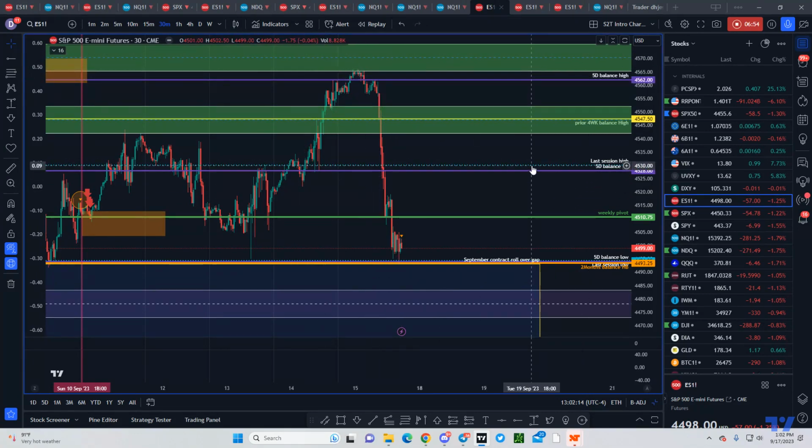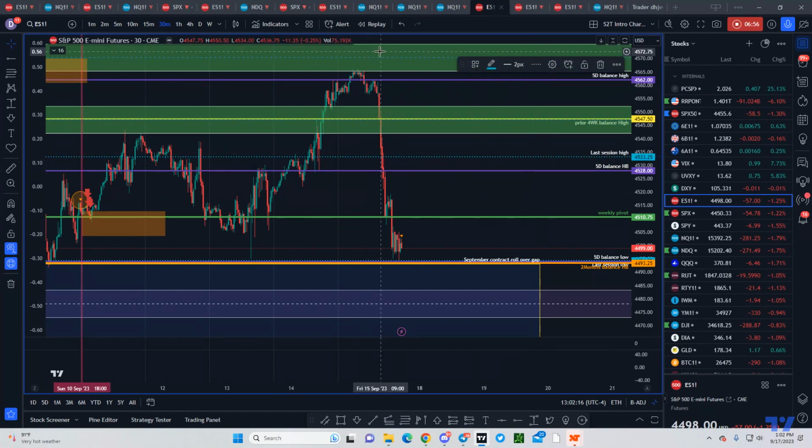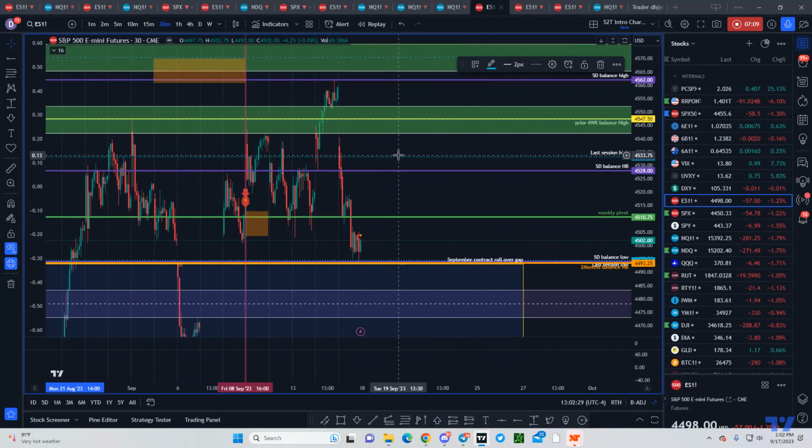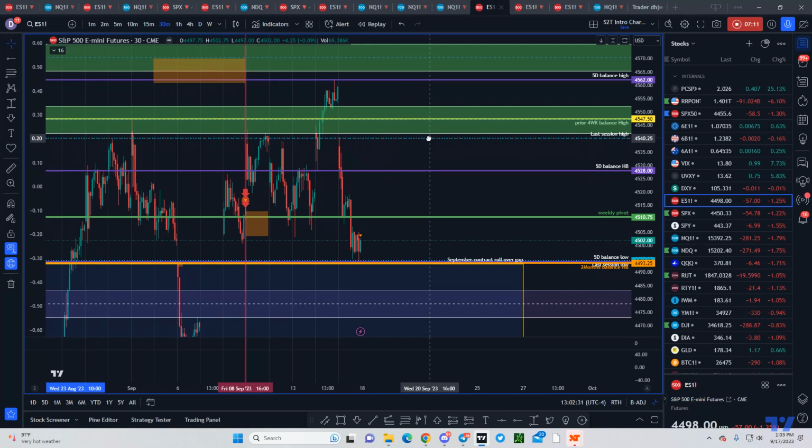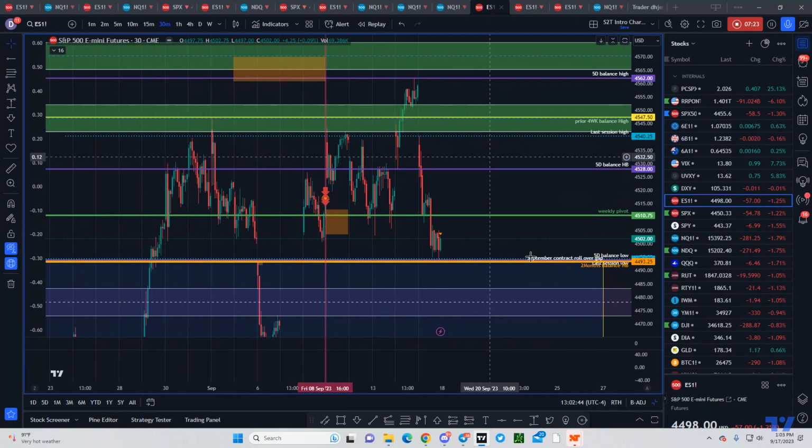This is RTH, which is 9:30 right here. Or you can just do this, and last session high would be this here. See the candle at 9:30, that's when we made our high. And 4 o'clock, obviously right over here, will be the last session low.